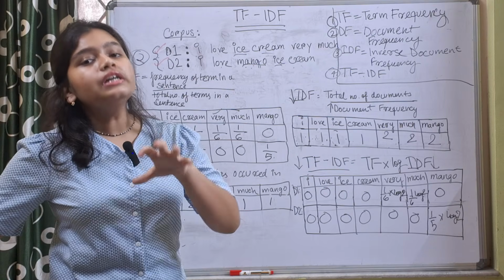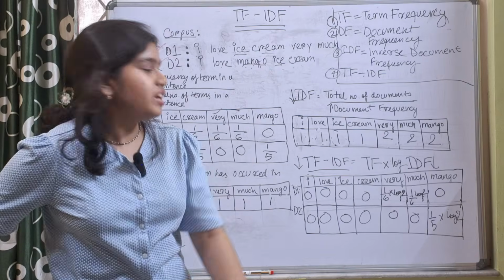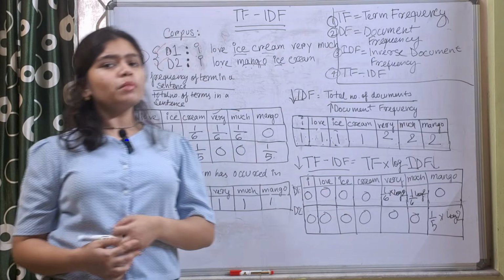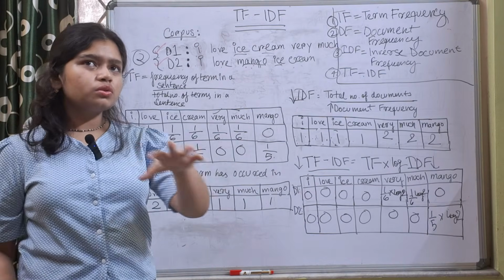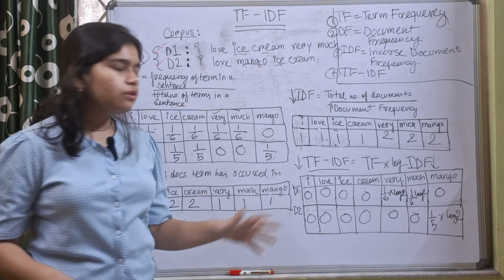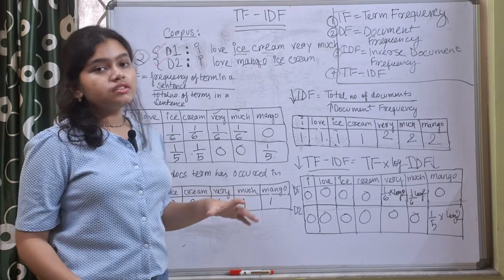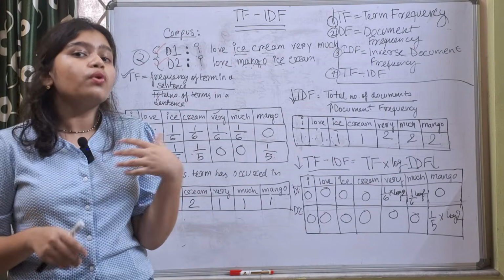The words that appear less in your sentences are given more weightage. So this value 1 by 6 into log 2, if you multiply it in your calculator, you will get some value like 0.005. It is obviously greater than 0. That means if your TF-IDF value is higher, the word has more weightage.